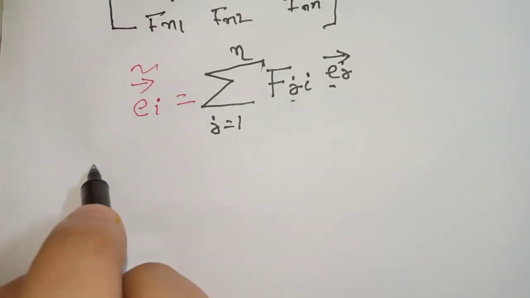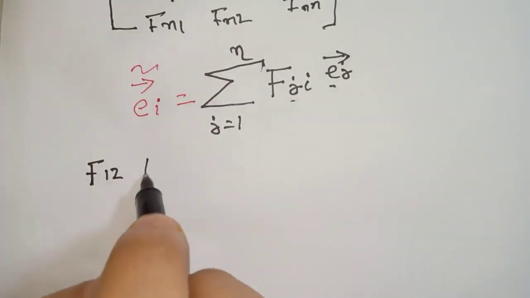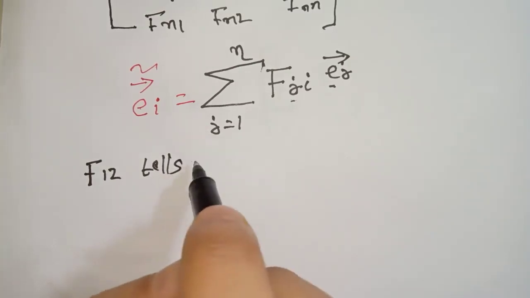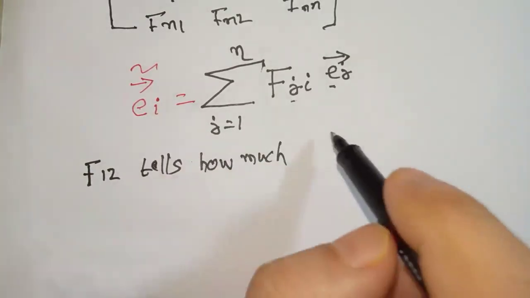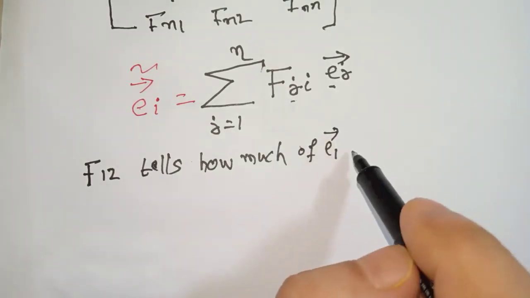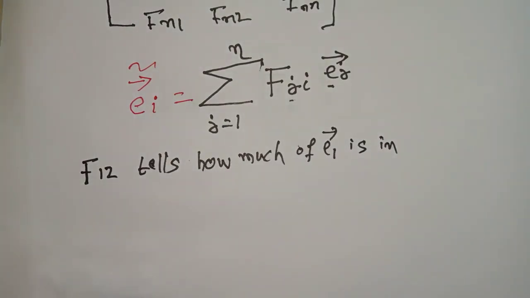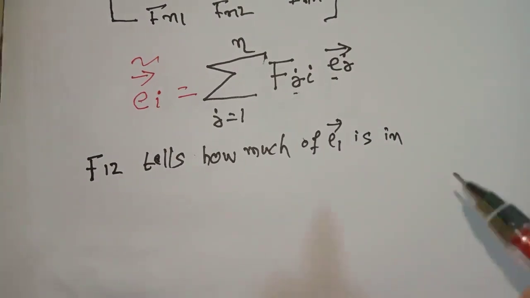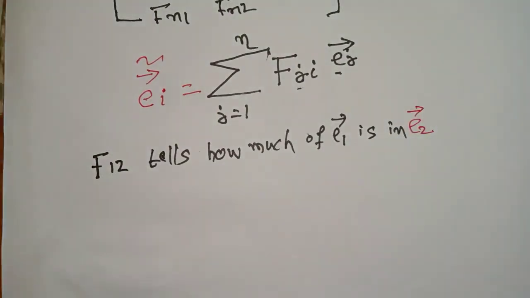If F of 1 2 tells, I'll put it in plain English, how much of E1 is in E2, I will put it in red so that you can understand it was the transformation of vectors. So it is E2, right?